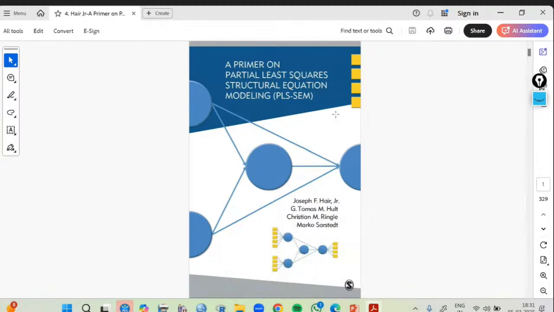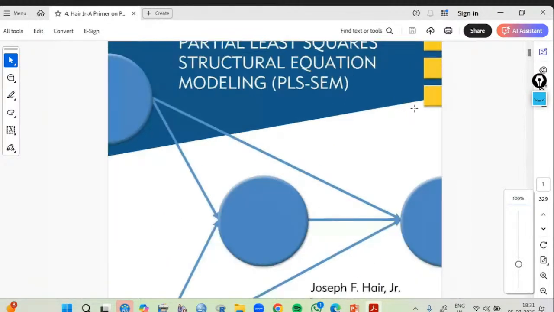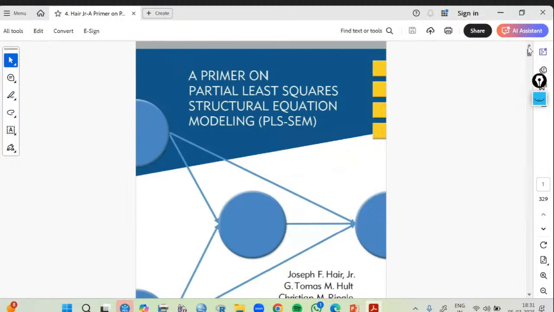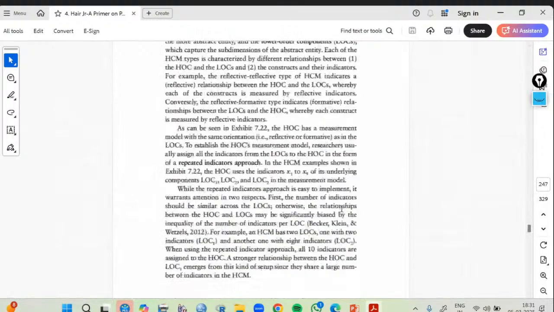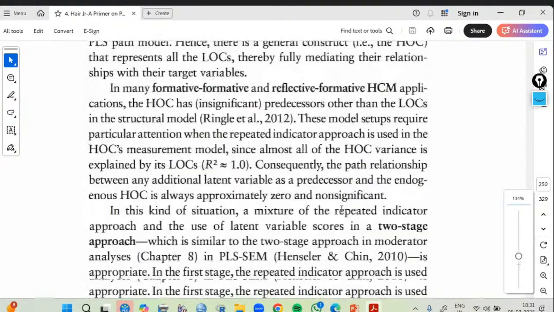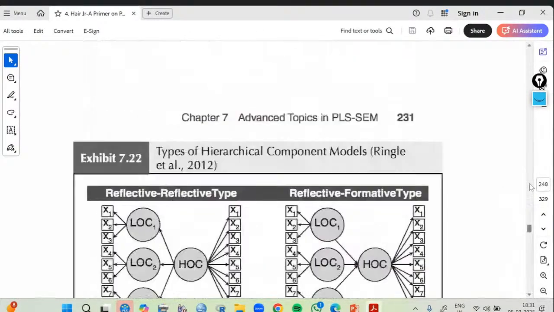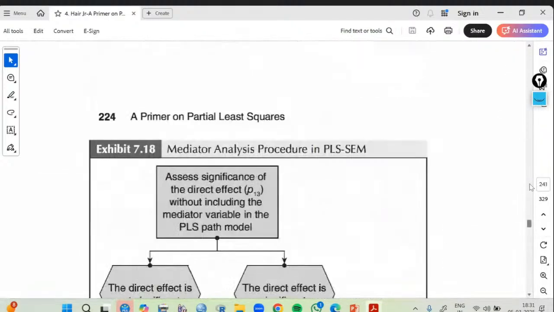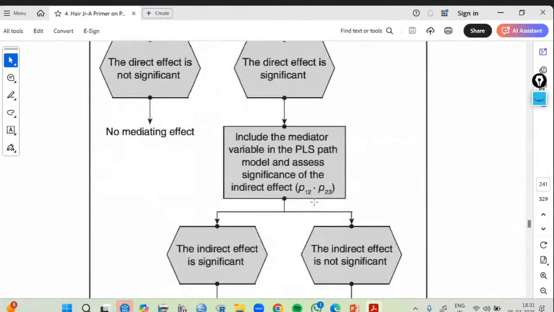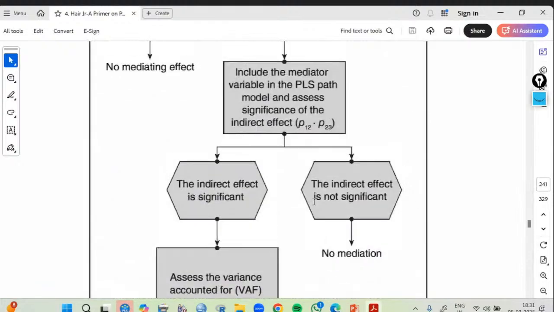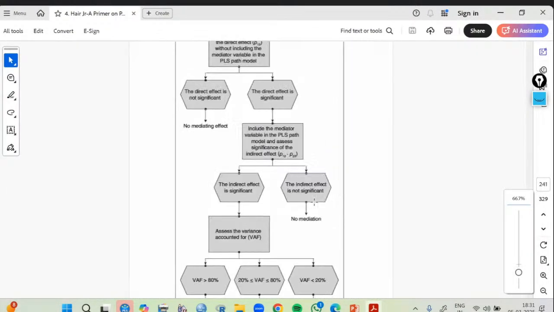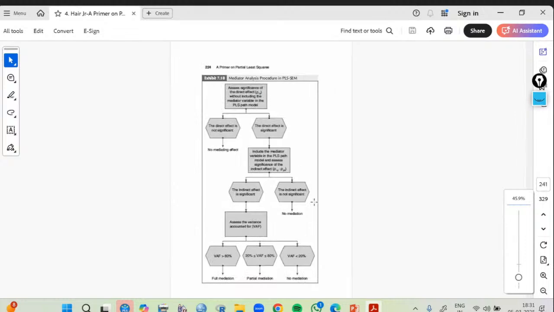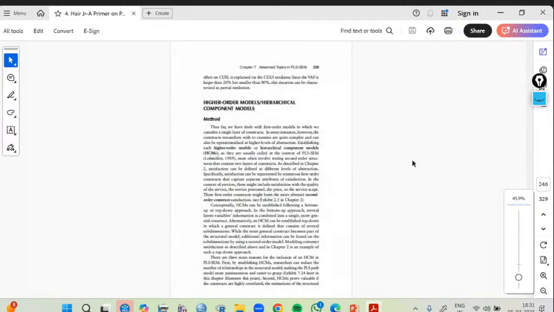Now the book name is, it's an old book, A Primer on Partial Least Squares Structural Equation Modeling. So the mediation, mediating variable B. You can see this picture. I have taken all the data set and material from this book.